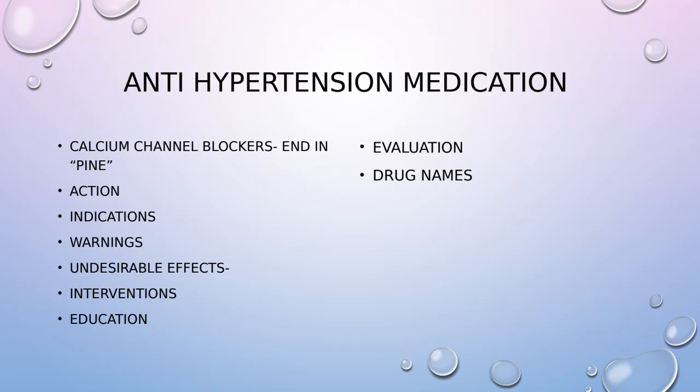So once again, with the concept of perfusion, when you have somebody who has high blood pressure, let's say secondary to long-term smoking, which causes vasoconstriction, you have to dilate the peripheral vascular system in order to improve blood flow to lower extremities and your organs throughout your body.